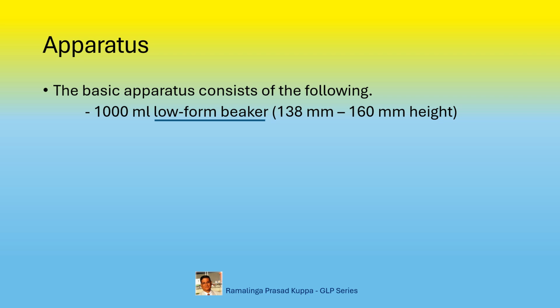This type of beaker may also have a spout to drain out the water or disintegration medium after the completion of the test. Thermostatic arrangement for heating. A thermostat is required to heat the disintegration medium to 37 degrees Celsius plus or minus 2 degrees.